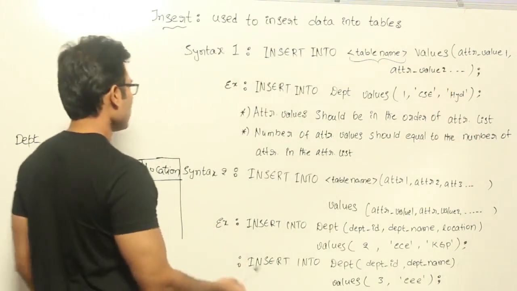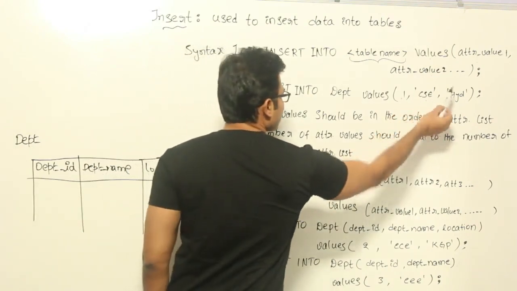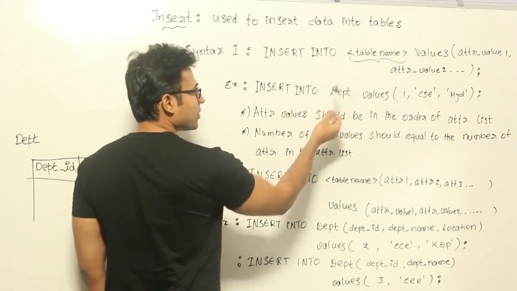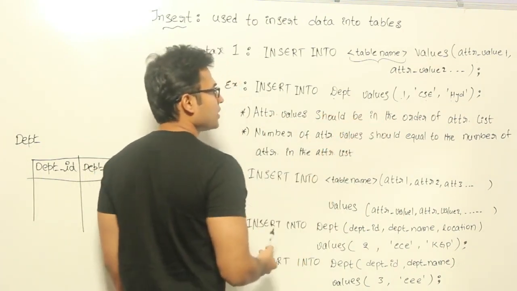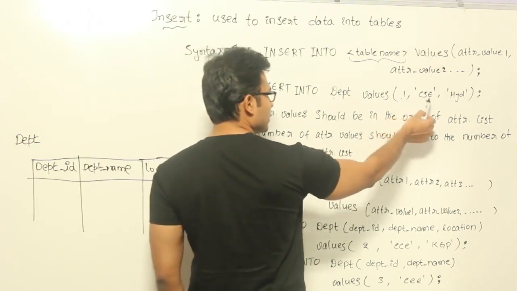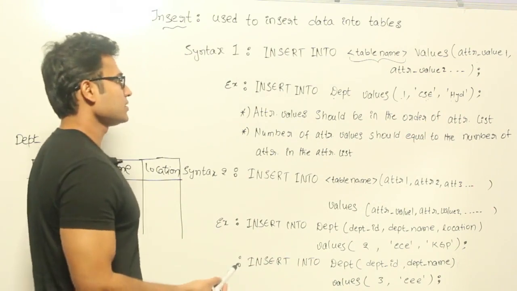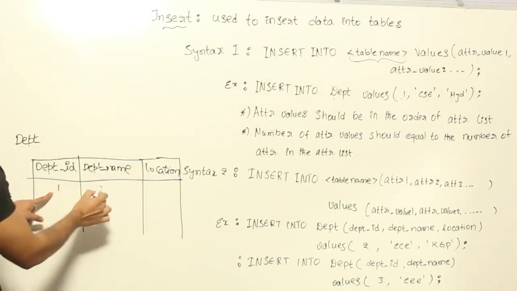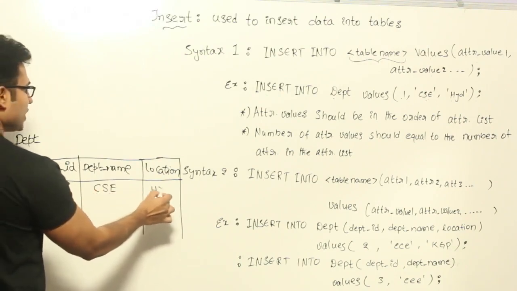For example, if you want to insert 1, CSC and Hyderabad into this table, you say insert into department, where department is the table name, and then the values 1, CSC and Hyderabad. What happens because of that query is: for department ID it is 1, for department name it is CSC, and for location it is Hyderabad.